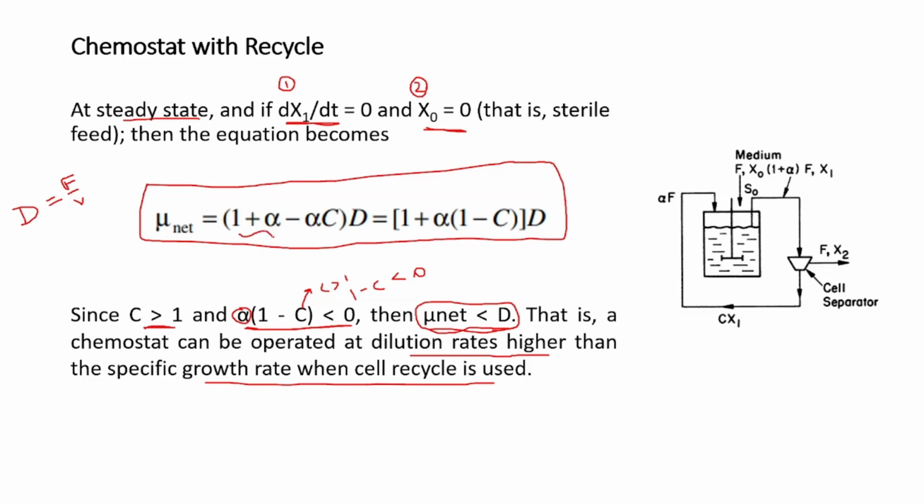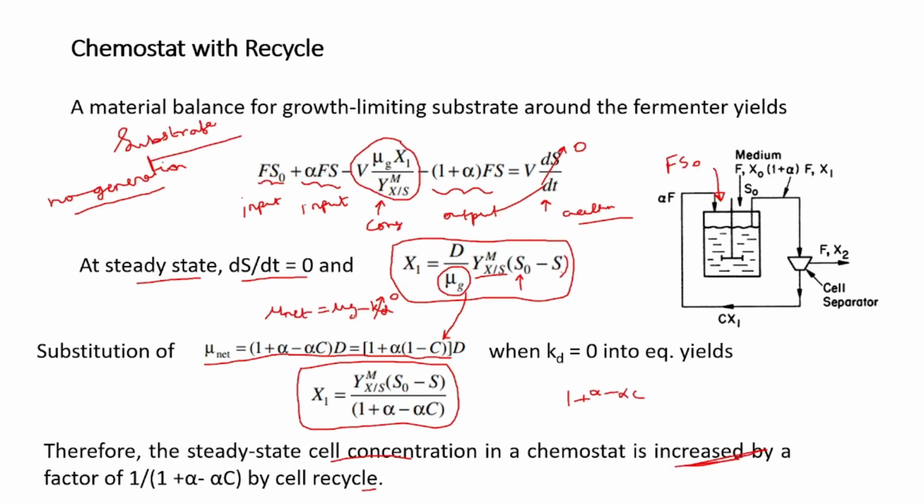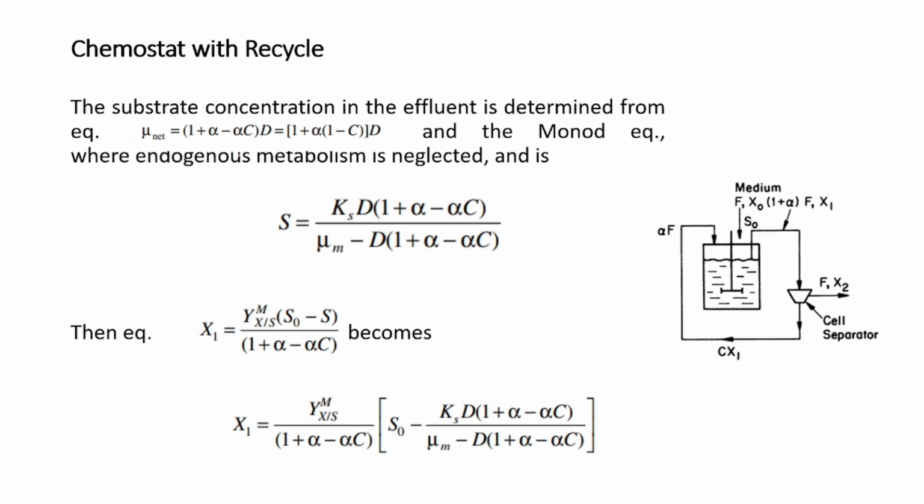Again for substrate we have this mu net expression, and we know the Monod equation. The Monod equation is: mu net, the specific growth rate, is equal to mu m, the maximum specific growth rate, into S by Ks plus S. We are assuming no death. If we substitute this expression, we get the expression for substrate.